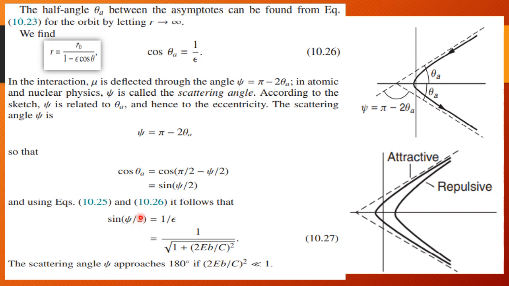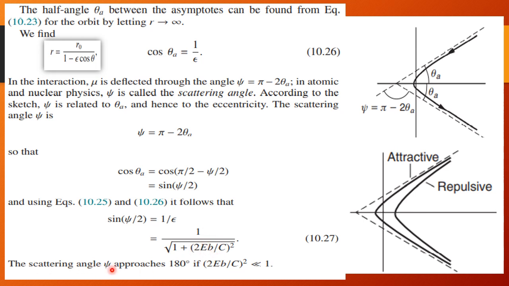We know that cos theta a is equal to 1 by epsilon. On substituting that, sine psi by 2 is equal to 1 by epsilon, and substituting for epsilon, you get it as 1 by root of 1 plus (2Eb by C) whole square. You get the relation of the scattering angle with the impact parameter and the energy of the particle.